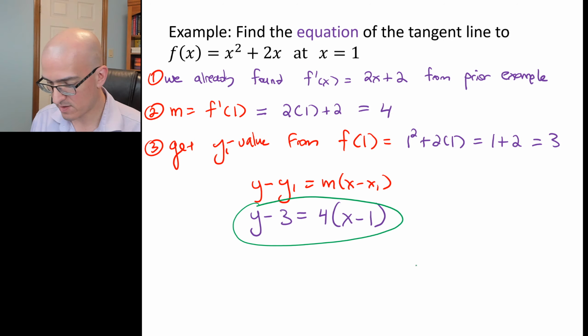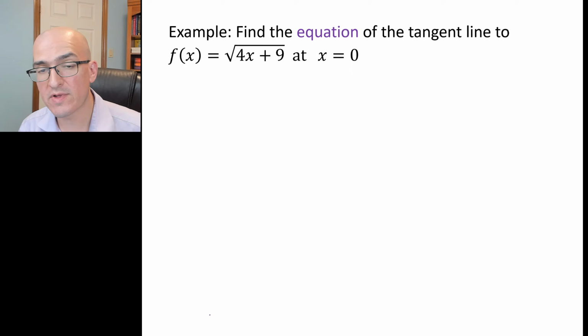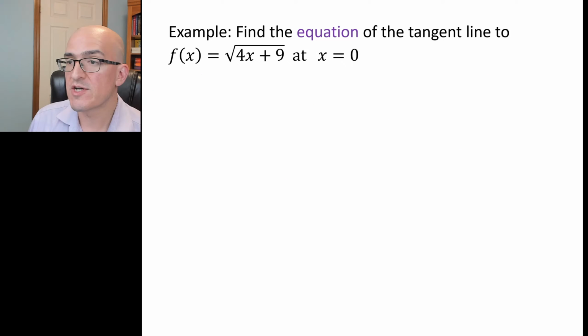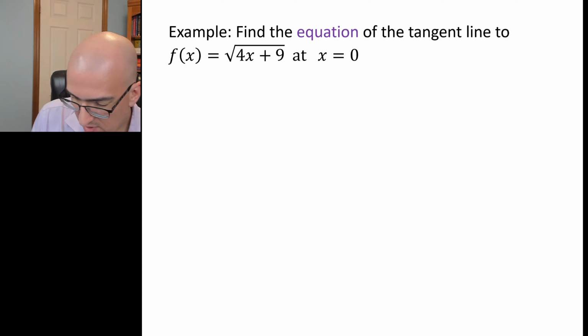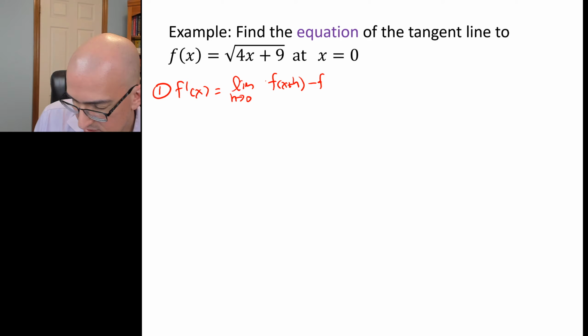All right. Aha, this is the one we already did in a previous video. Find the equation of a tangent line to f of x equals the square root of 4x plus 9 at x equals 0. So step 1: f prime of x equals the limit as h approaches 0 of f of x plus h minus f of x, all over h.